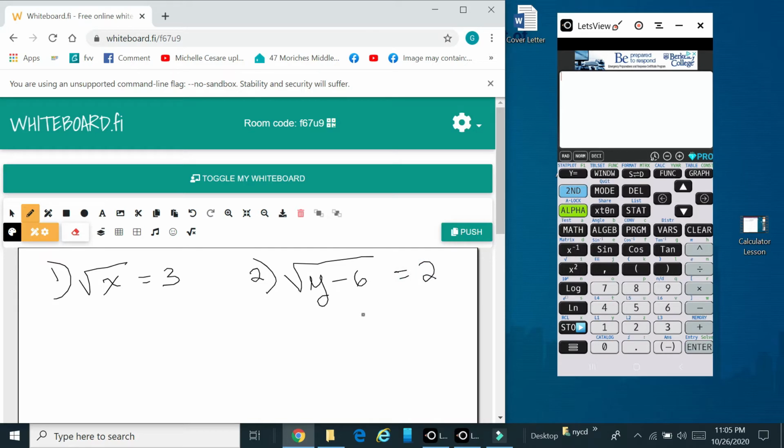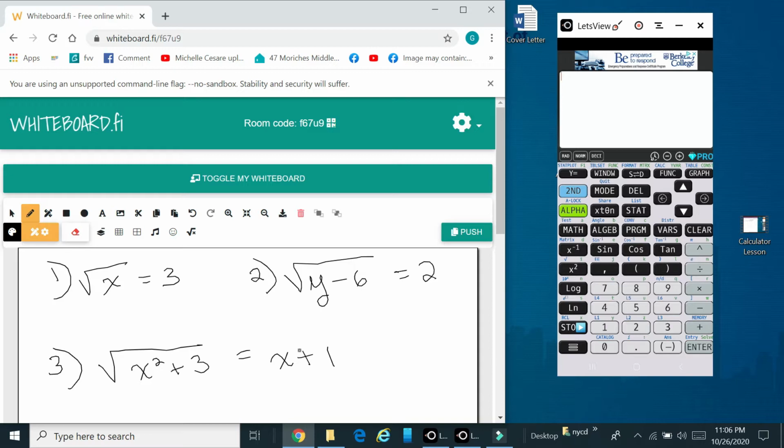And then for the third one, we're going to have square root of x squared plus 3 equals x plus 1. All right, and then you have to tell me what x is.